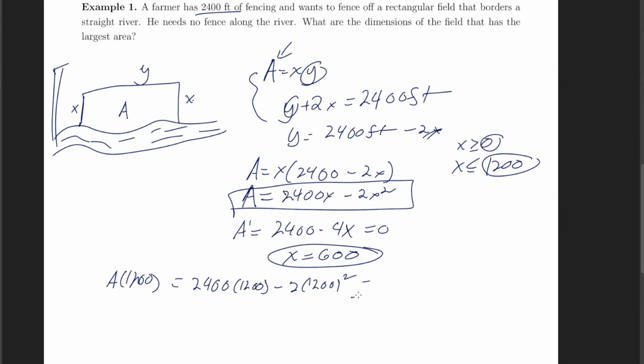That's all going to equal 0. If I type in area of 0, so I'm testing my endpoints first, I'll get 240 times 0 minus 0. That also is 0.